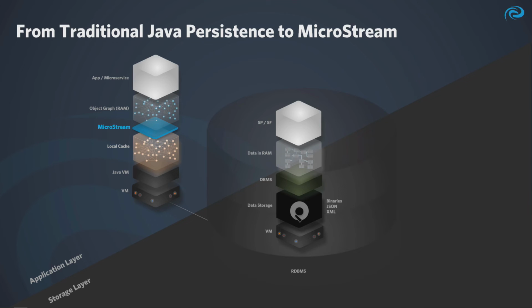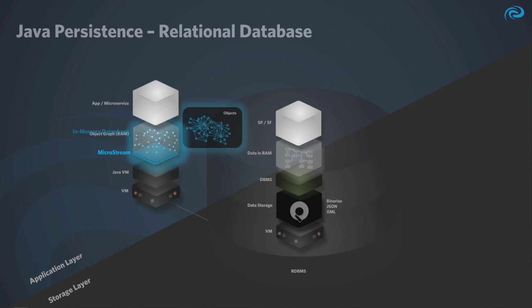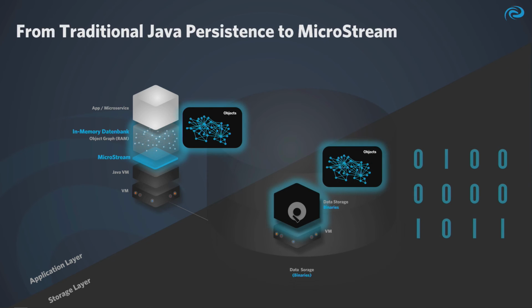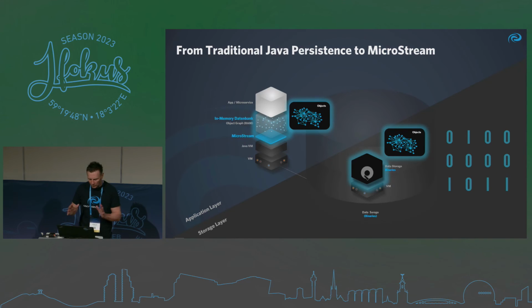Then we keep data in memory, which means data are already in memory, and we don't need a local cache anymore. All these functions are covered by the business logic. We only need persistence. That's everything. We don't need a query language. Java provides streams. We don't need a data structure. It's object graphs. So we only need storage.